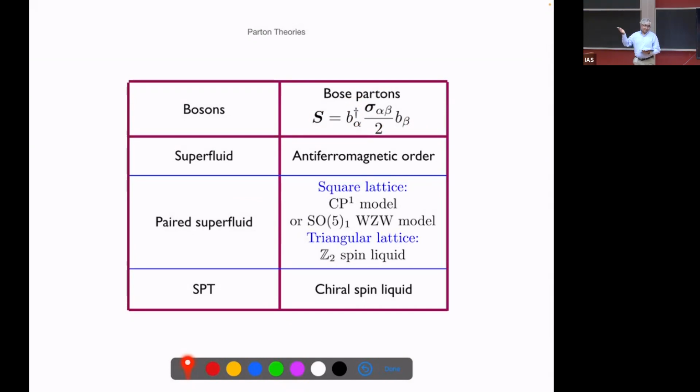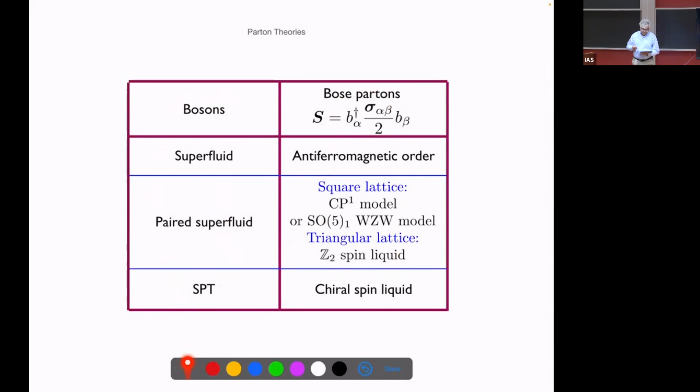And that's what we spent several weeks on, the effect of the gauge field, and got a theory of the Z2 spin liquid in a particular theory of these partons. So the idea is that on the left-hand side, you have some simple phases of bosons and fermions, and on the right-hand column, you have the more complicated phases of matter you get once you remember that there's a gauge field.